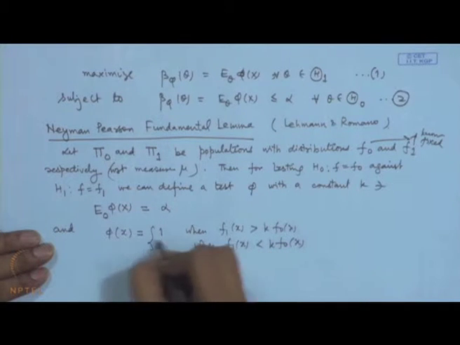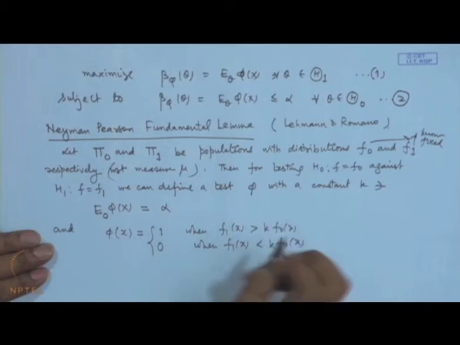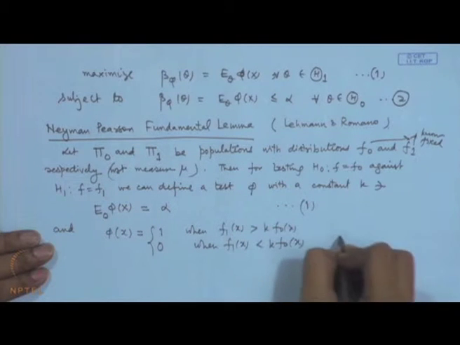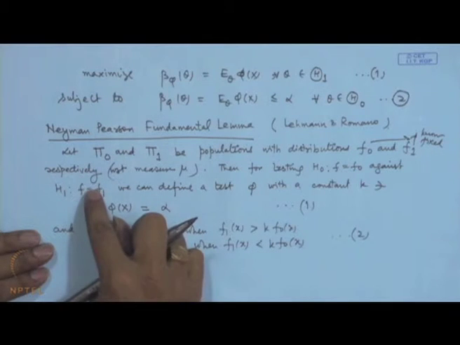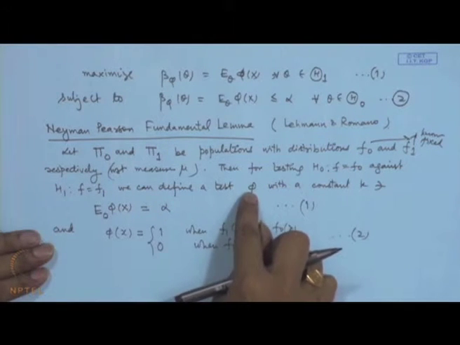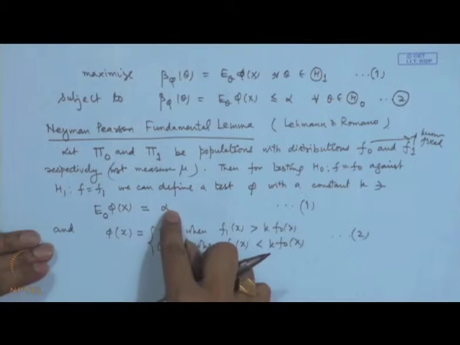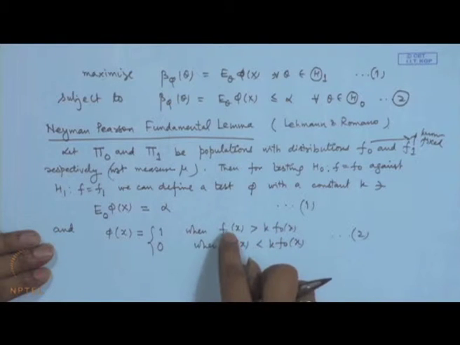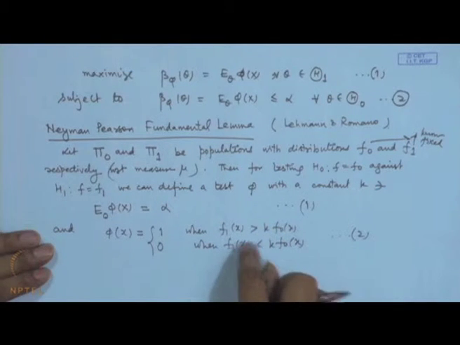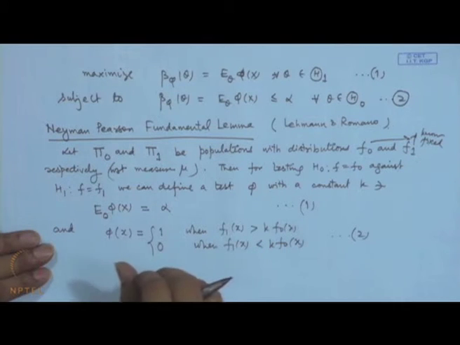So, I have not included the equality here, that part we will be defining in the proof. For testing a simple versus simple hypothesis case, we can devise a test function which will achieve the exact level of significance or exact size, and the form is this, that is, if f 1 by f naught is greater than k or f 1 by f naught is less than k.